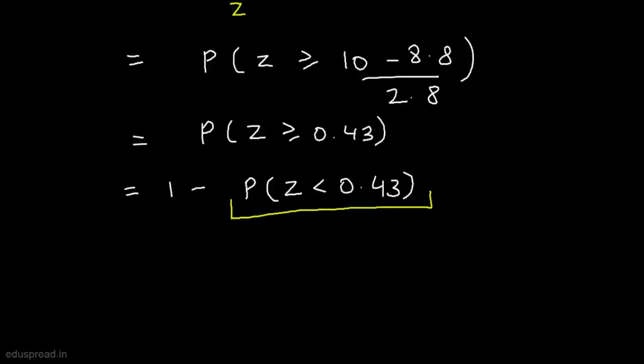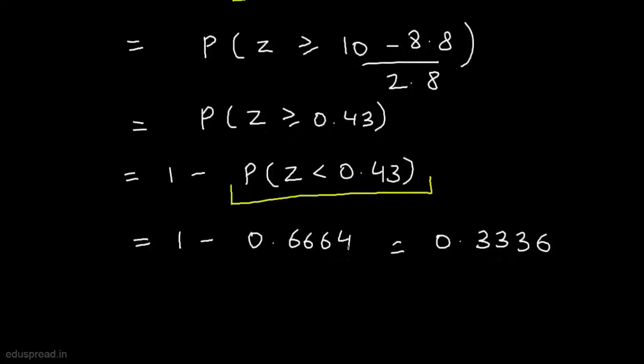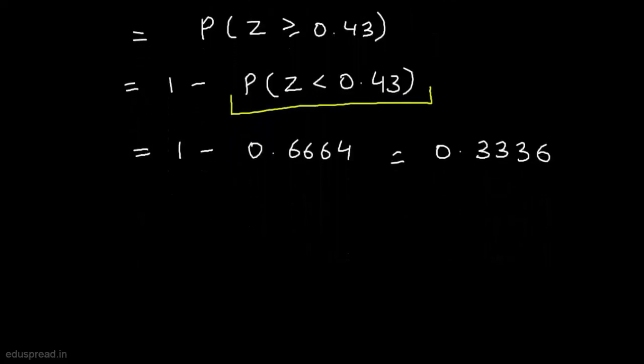By looking at the standard normal table, we find that this probability is equal to 0.6664. So the probability that Z is greater than or equal to 0.43 is equal to 0.3336. So this is the probability that X is greater than or equal to 10.